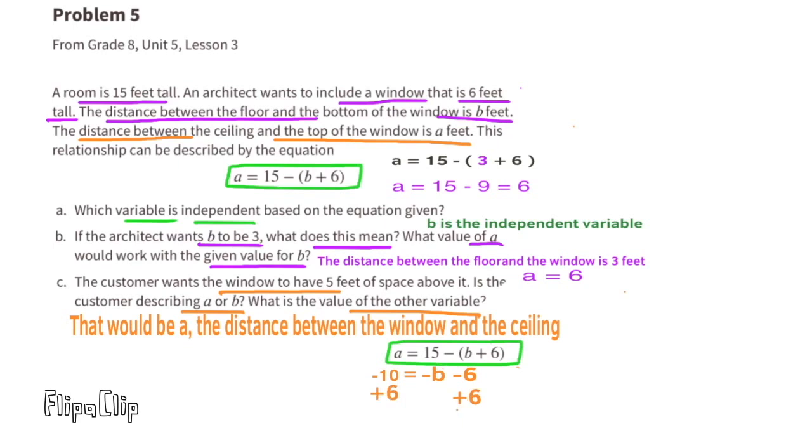Add 6 to both sides. Now we have negative 4 equals negative b. Multiply those by a negative 1, and you have 4 equals b. So b equals 4. When the distance between the ceiling and the window is 5, the distance between the floor and the window is 4.